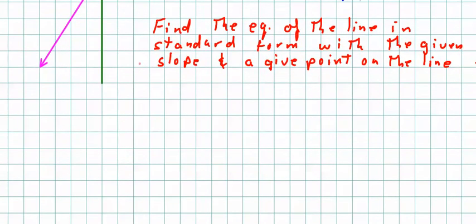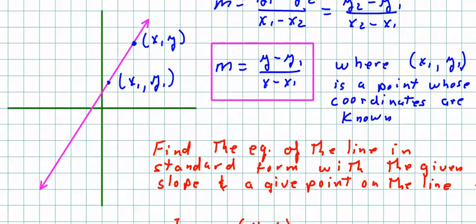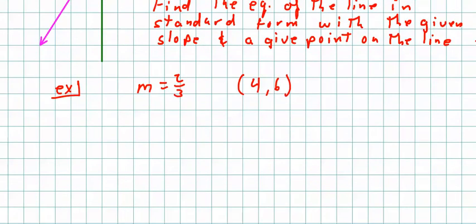All right, so here's example number 1. We're going to do two examples. The slope is 2/3, and the point is 4, 6. Now, the point-slope form says we take whatever the slope is and we set it equal to something.